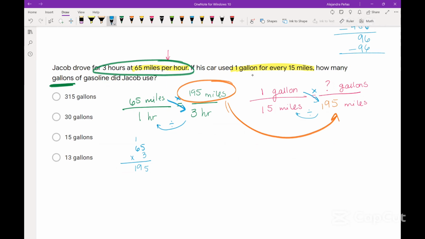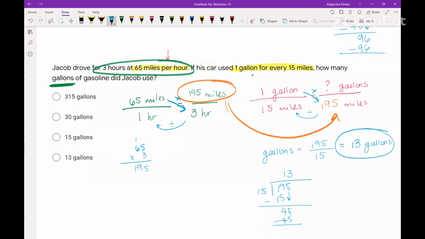So the total number of gallons is going to equal 1 times 195, which is 195, divided by 15. 195 divided by 15 is going to be, that's going to fit in there once. So that's going to be 15. It's going to be 4. Bring down the 5 would be 45, which is 3. So that's going to equal a total of 13 gallons. So Jacob drove a total of 195 miles, and he needed to use a total of 13 gallons.